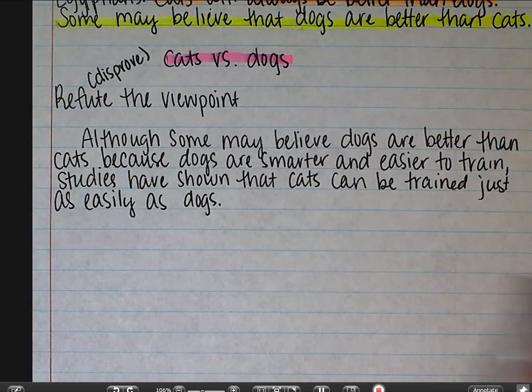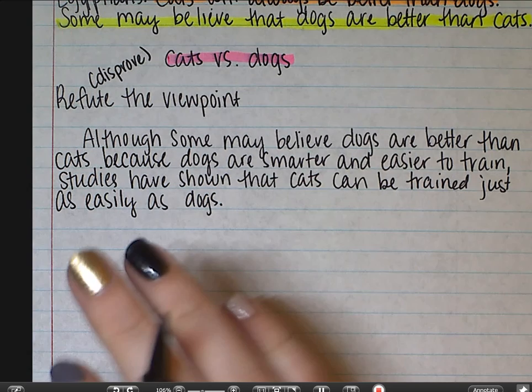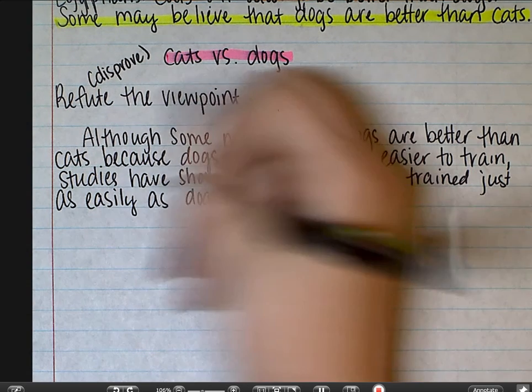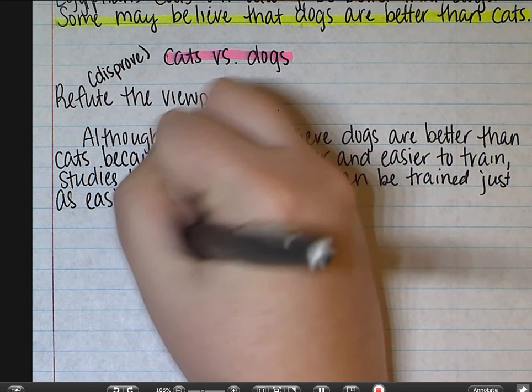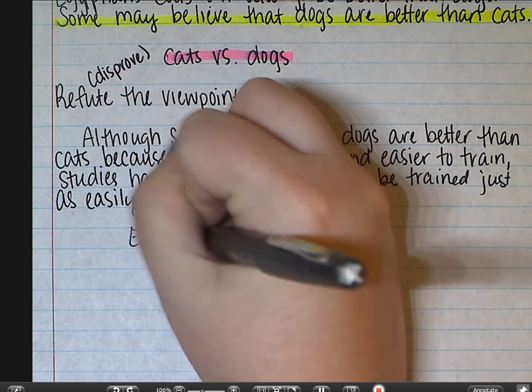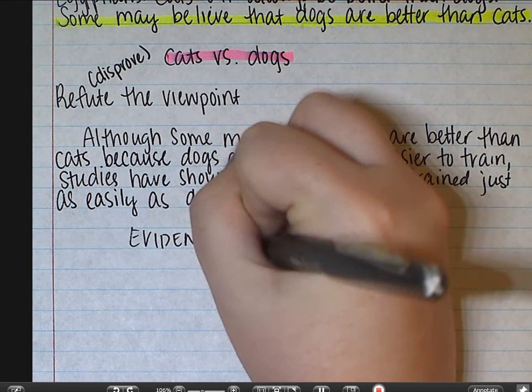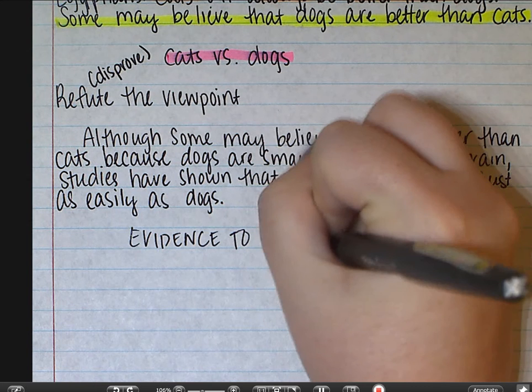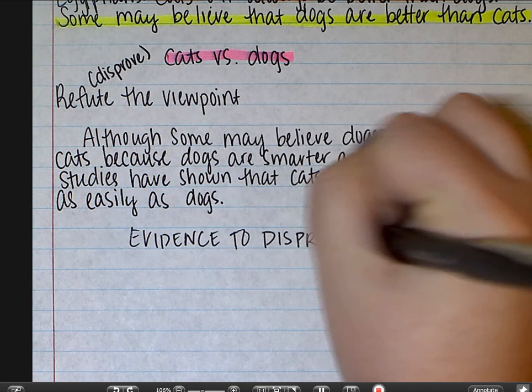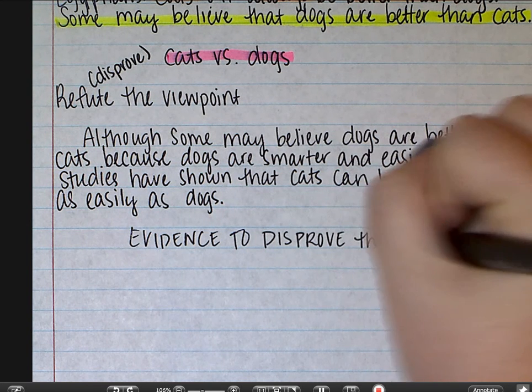So underneath there, I'm going to write it in all capital letters because it's super important. I'm going to say evidence to disprove the conflicting viewpoint.